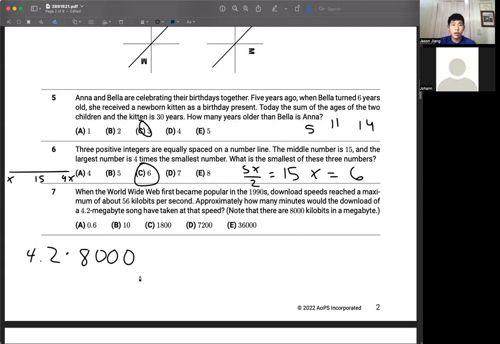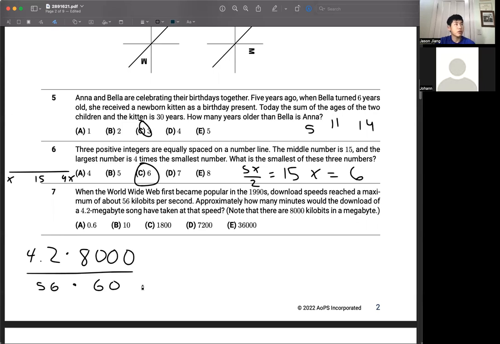And we're also told that download speeds reach 56 kilobits per second. We're dividing by 56 to find how many kilobits per second, and then we're also going to divide by 60, and that would give us how many kilobits there are per minute.